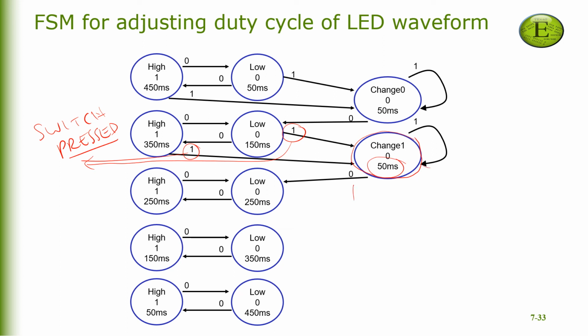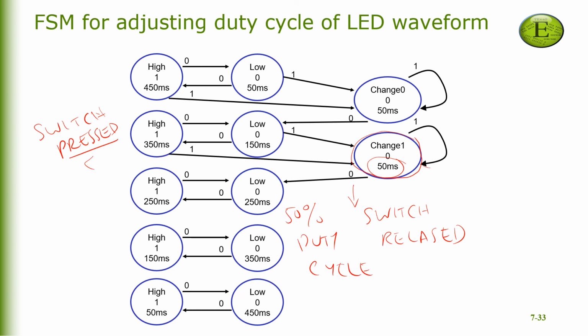But the moment the switch is released, we make a transition to the next pair of states, which corresponds to the 50% duty cycle over here. So these two states in the middle are representing a 50% duty cycle waveform.